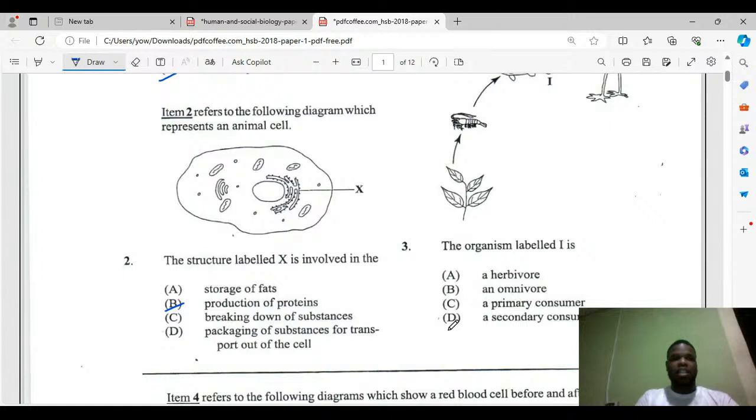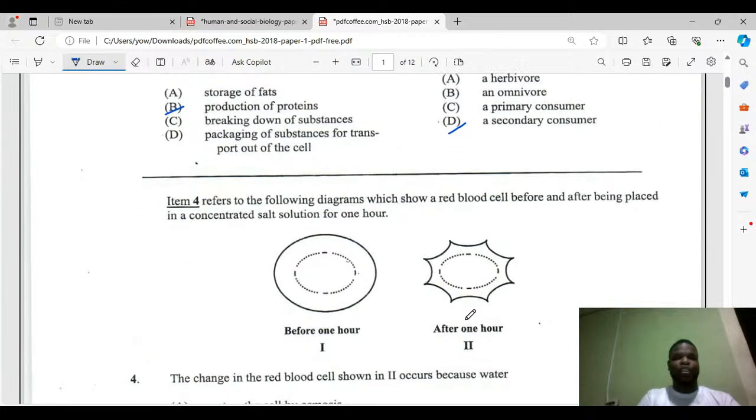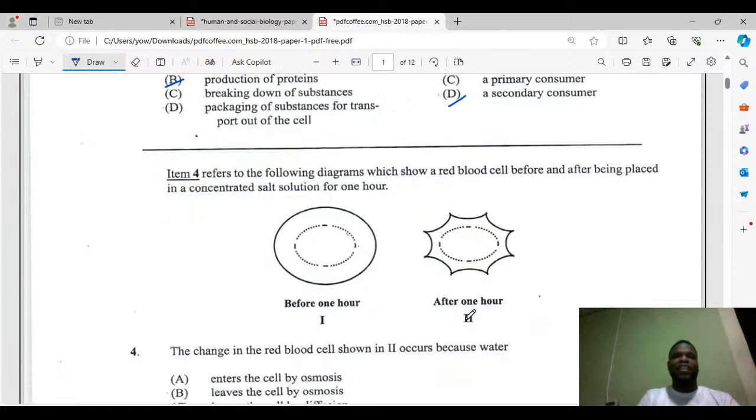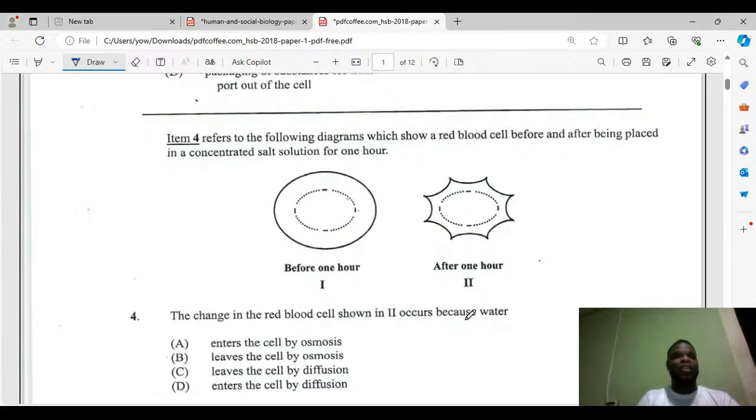Moving along to question 4, which refers to the following diagram, which shows a blood cell before and after being placed in a concentrated salt solution for 1 hour. Before 1 hour, it is this. After 1 hour, it is this.